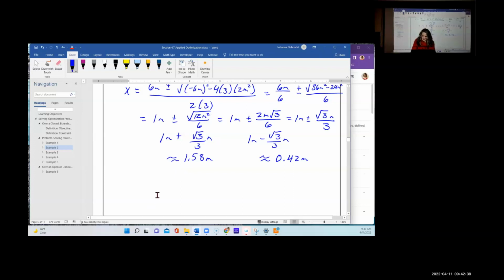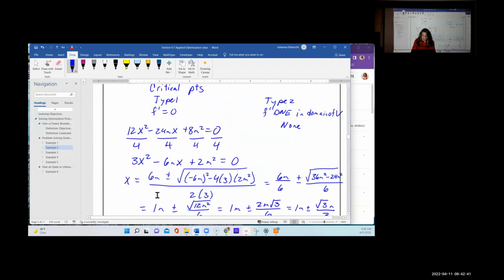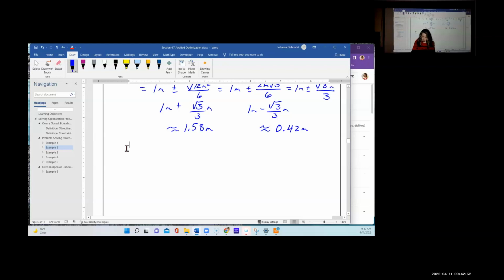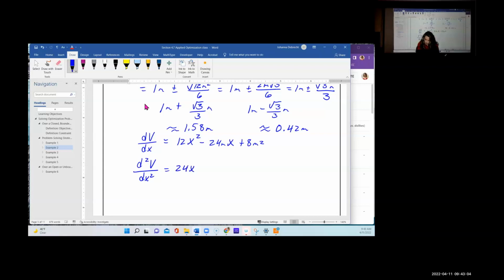All right. So the next thing I'm going to do, instead of doing the test points, is I'm going to go ahead and find the second derivative. So I have my first derivative right here, and I'm going to find the second derivative. So copying back the first derivative. Now I'm going to find the second derivative so we can get some practice at the second derivative test. This is 24x minus 24 meters, and then 8 meters squared, the derivative is 0 since it's a constant.